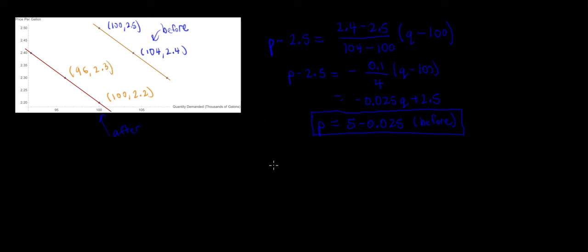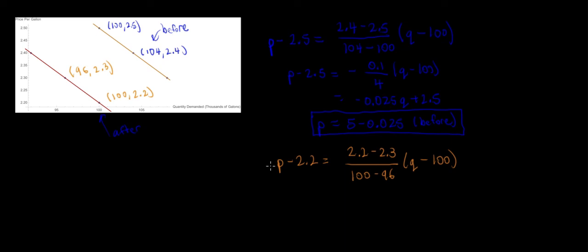Similarly, we have P minus 2.2 equals 2.2 minus 2.3 over 100 minus 96, times Q minus 100 again.